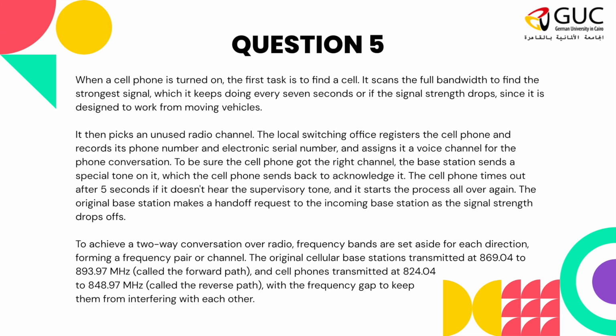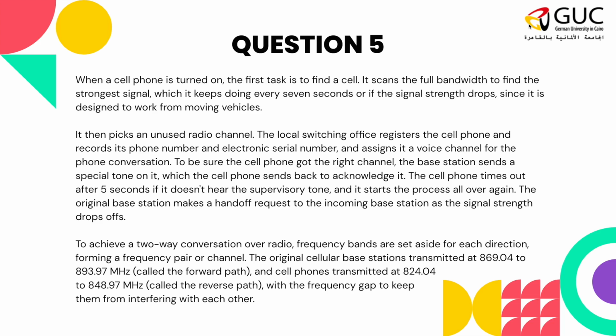Okay, and it's really important because each direction operates on a different frequency range. The cell tower has its own frequency range for transmitting, and the cell phone has its own frequency range for transmitting. So as you can see, these ranges are for the transmission, meaning that as a cell base station, I'll be transmitting at my specific range.